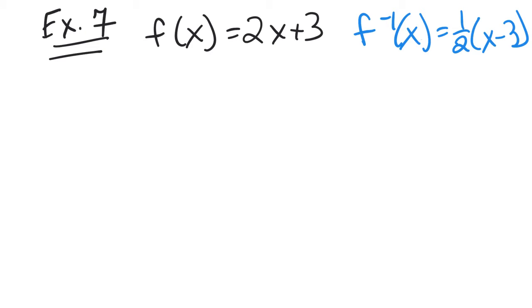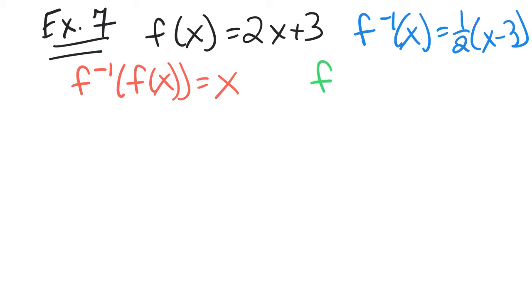All right, now let's double check. When we double check, we should find that if we take the inverse and plug in our original function, we get x. Likewise, if we take our original function and plug in the inverse, we should get x as well. So let's try one of these. Let's do the inverse first.